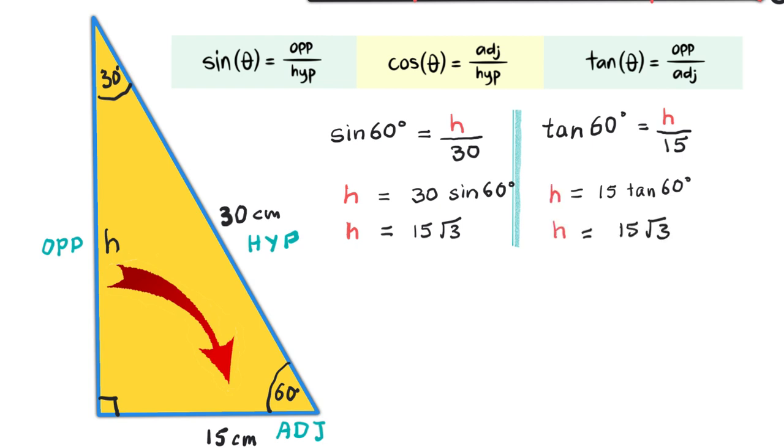And as I said before, the median is divided in the ratio of 2:1 by the centroid. So if we divide this by 3, we will find out what the radius is. And so the radius, if we reduce this down, will be 5 root 3, exact.